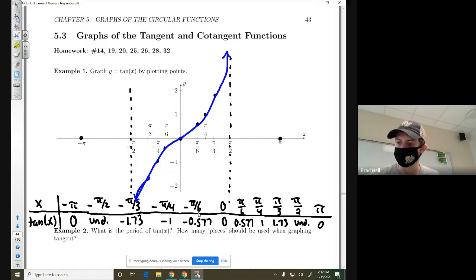And really, if we were to continue this, because this does continue onwards, really the shape of it, well, that's not too symmetric actually.